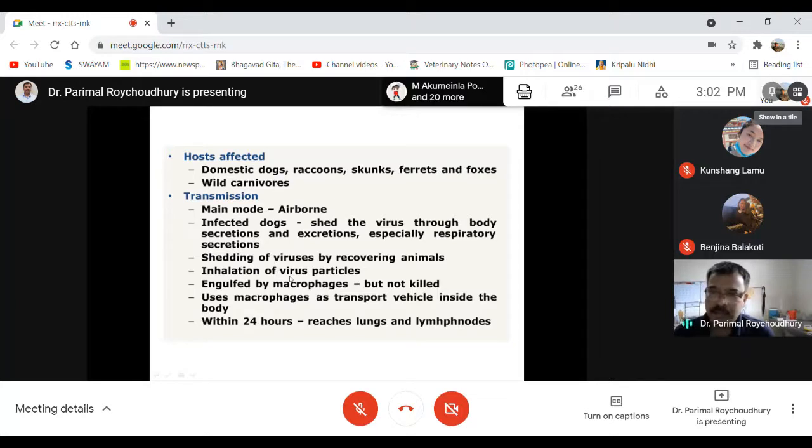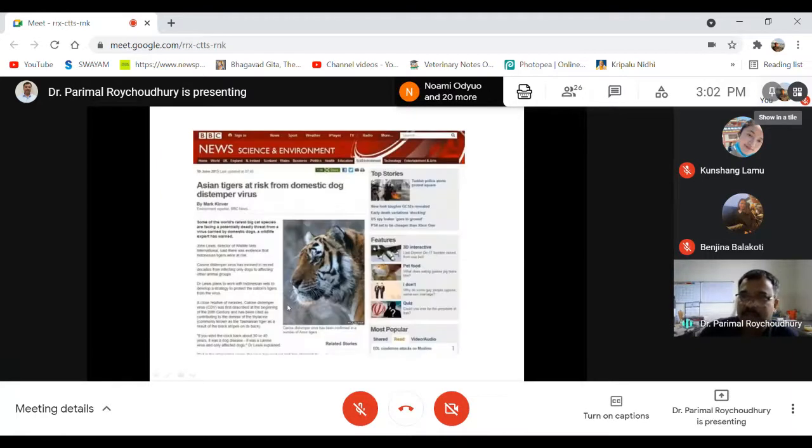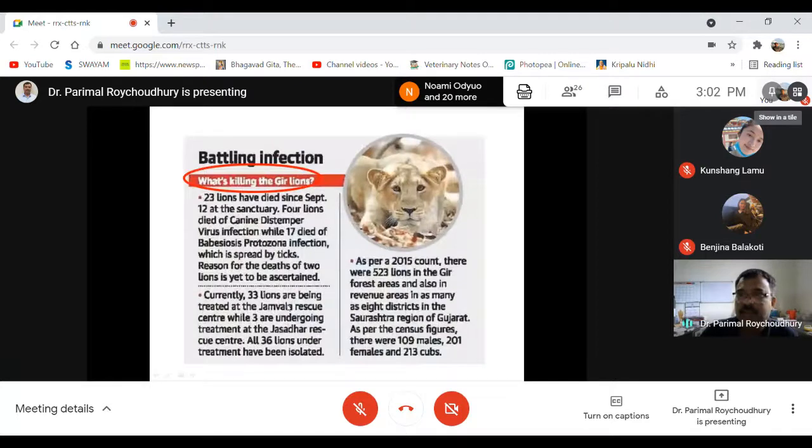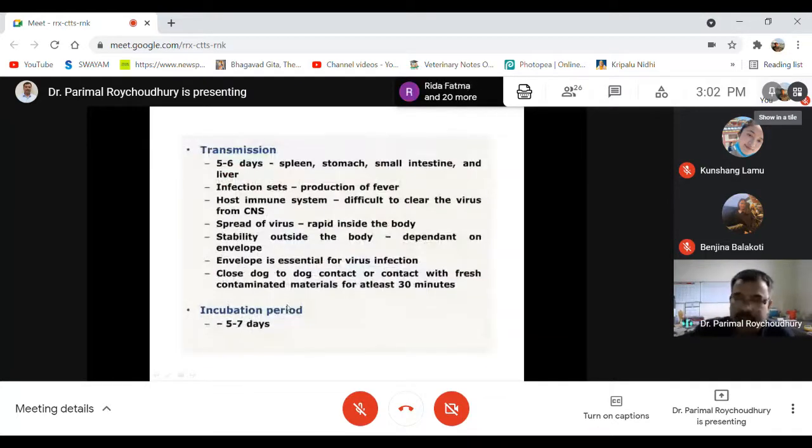Once it enters the mucous membrane, the macrophages become the transport within the body. They carry the virus to the lymph nodes, and in the lymph node the virus starts infecting the lymphocytes and can establish infection very well in those cell populations.